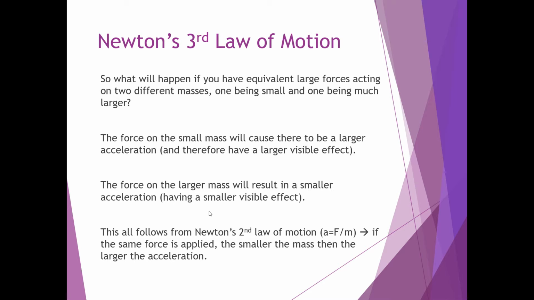This all follows from Newton's second law of motion, where a equals the force divided by the mass. So if the same force is applied, the smaller the mass, the larger the acceleration. And since action-reaction pairs are the same force acting on two different objects, we can end up with very different accelerations.